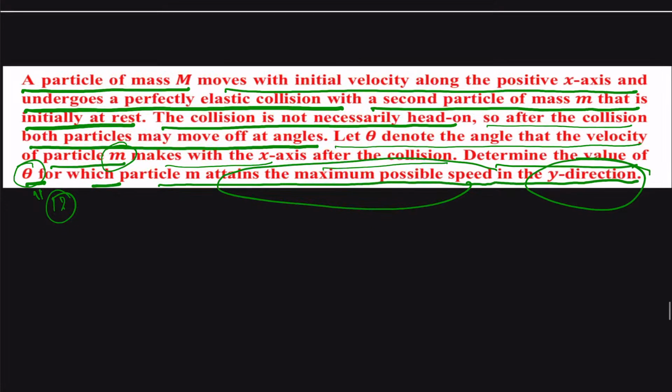So this is quite simple, same as our first question, but here we are interested in finding this maximum possible speed. In the first question we dealt with the maximum possible angle. So this is a major difference between the two. The basic method is going to remain the same.